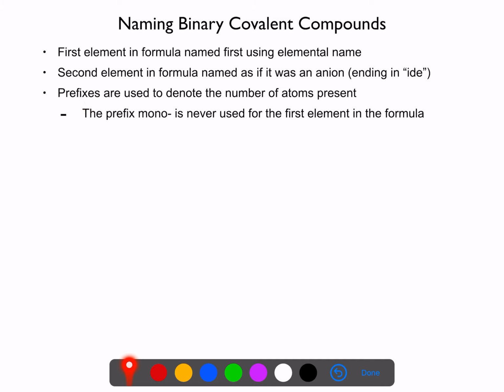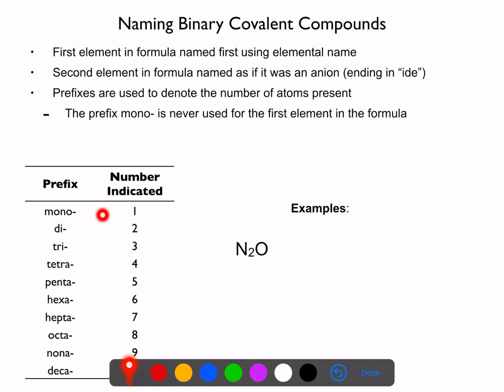So here's our prefix system for the numbers. We have mono if there's 1, di if there's 2 of the type, tri if there's 3 of the type, and so on. The one exception is the prefix mono we won't use if it's for the first element in the formula. That'll just be left off. So for example, if we were given the formula N2O, so we have 2 nitrogens and 1 oxygen.